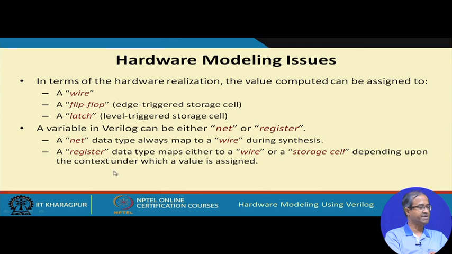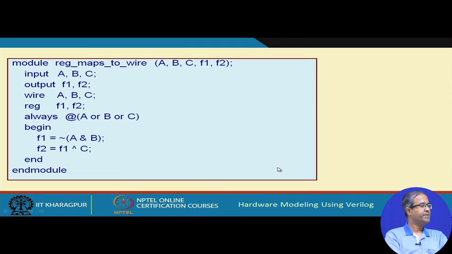We shall be seeing some examples later, so we shall see this distinction. Sometimes a register can be mapped to a wire, sometimes it can map to a storage cell. Let us see some examples. This is a module where there are 5 ports, A, B, C are the inputs, F1, F2 are the outputs. A, B, C I have also declared as wires.